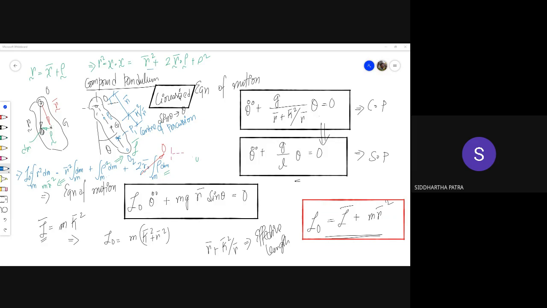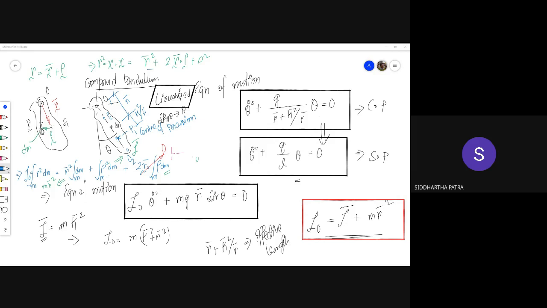And also P2 now lies on the other side, because the center of percussion must always lie below the center of mass. So the center of percussion depends on the choice of pivot point, and it would always lie below the center of mass, no matter what configuration you choose. That means the position of the center of percussion keeps on changing depending on your pivot point.